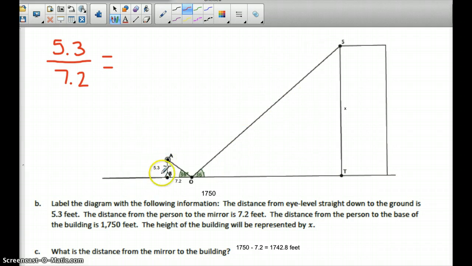So what corresponds with the height of the person? Well, that would be the height of the building. So I need to put that on top. And then what corresponds with the distance from the person to the mirror? Well, that was just this distance from the mirror to the building, not the 1750. This will be the answer that we just found.